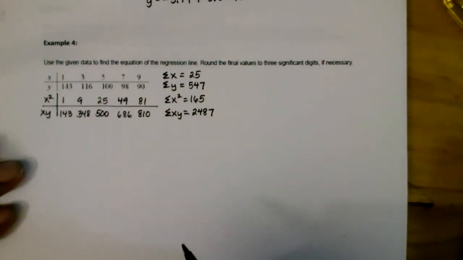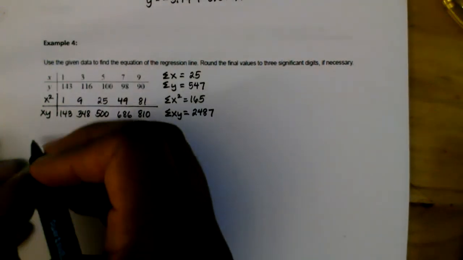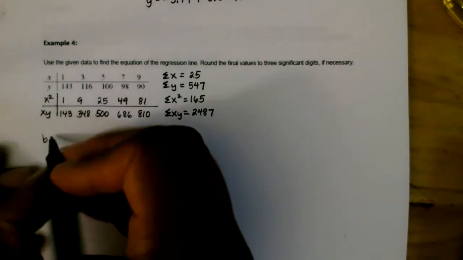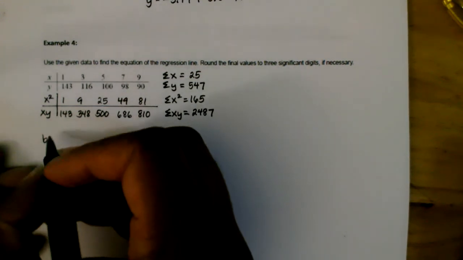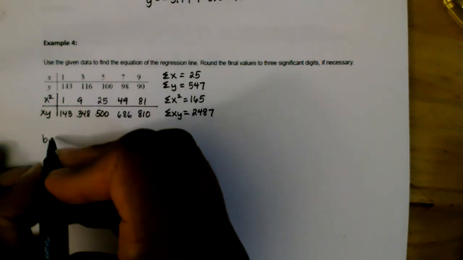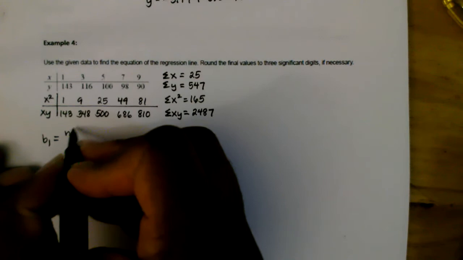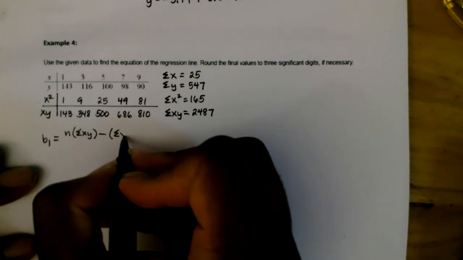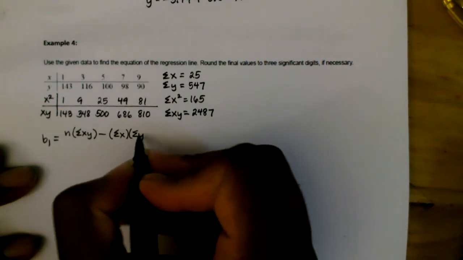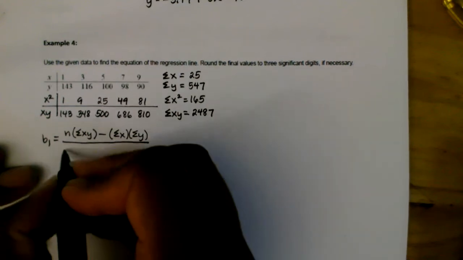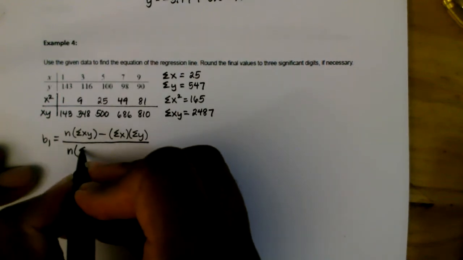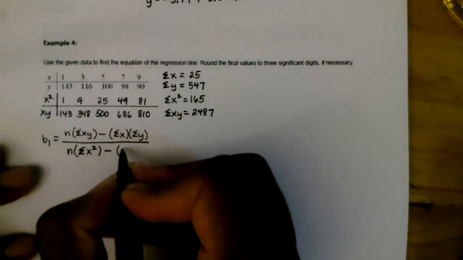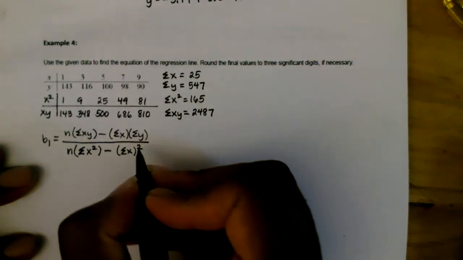Okay. So now the first thing I need to do there is find B1, which is, of course, my slope for the regression equation. And that's n times the sum of the x times y minus the sum of the x times the sum of the y, divided by n times the sum of the x squared minus the sum of the x, and that's going to be squared.